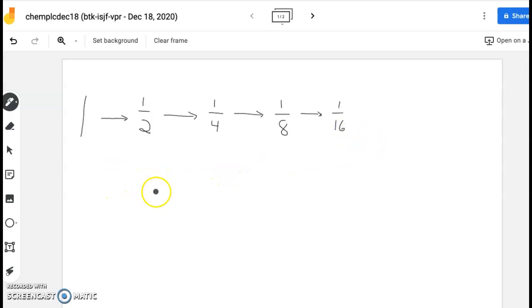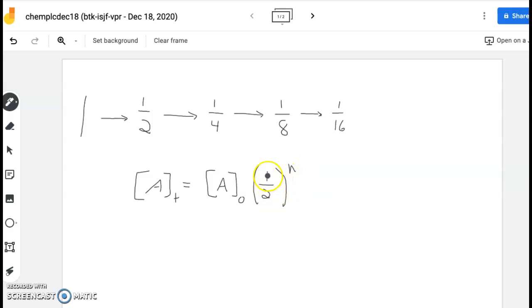Okay, so another way to look at this half-life information, if we want to find our final concentration after a certain number of half-lives, we would take our initial concentration at time 0, and we'd multiply that by 1/2 to the n, n being the number of half-lives.